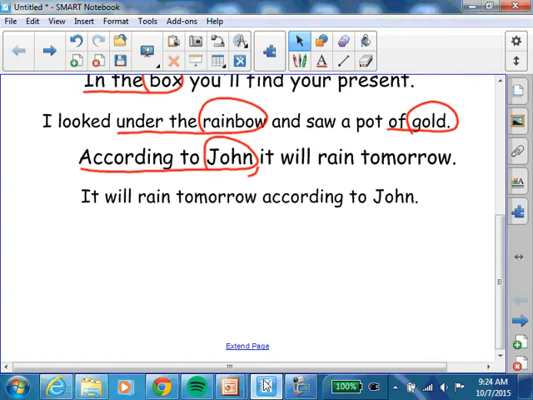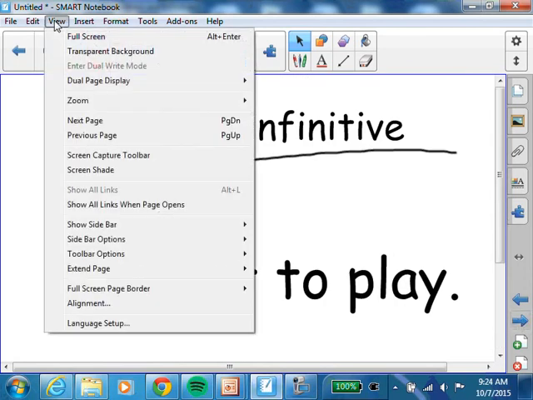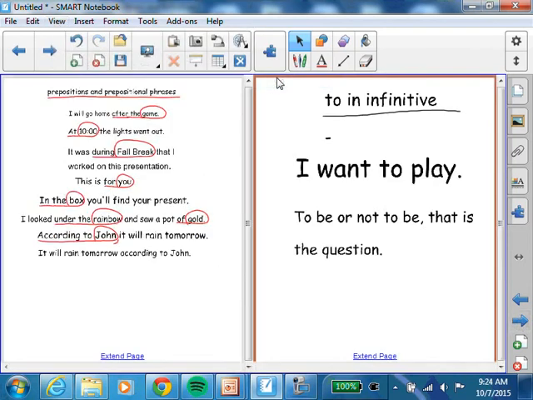All right, now we do have something on the next page. And this is where we want to go to the dual display, turn that on.